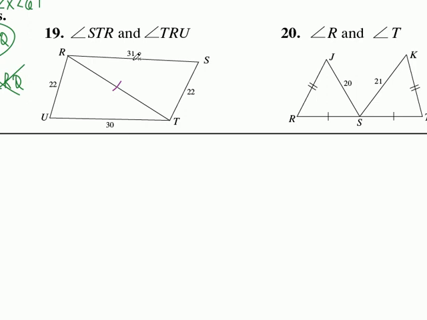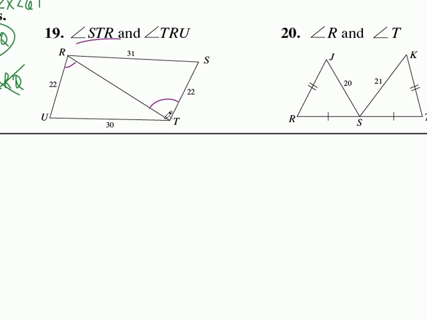So let's take a look. This is bigger than this. 31 is bigger than 30. So look at the angle that's opposite 31, which would be this angle right here. So that angle has got to be bigger than the angle opposite the 30. So 30 is this one. So that's little. See how I made that big and that little? Okay, so this is the bigger angle. That's the smaller angle.